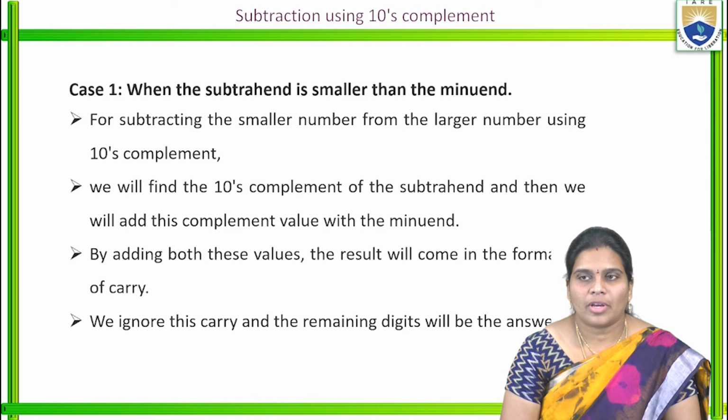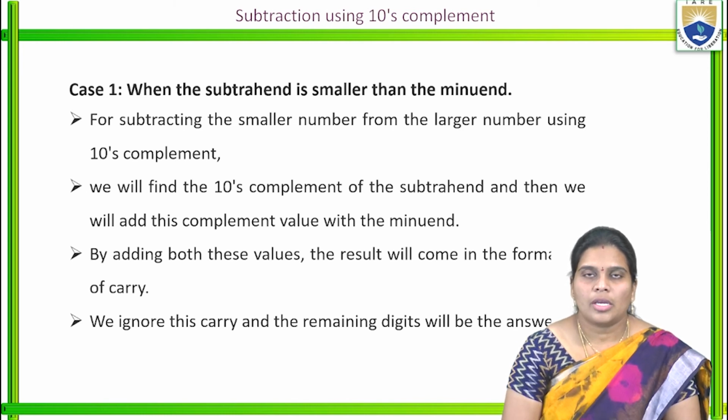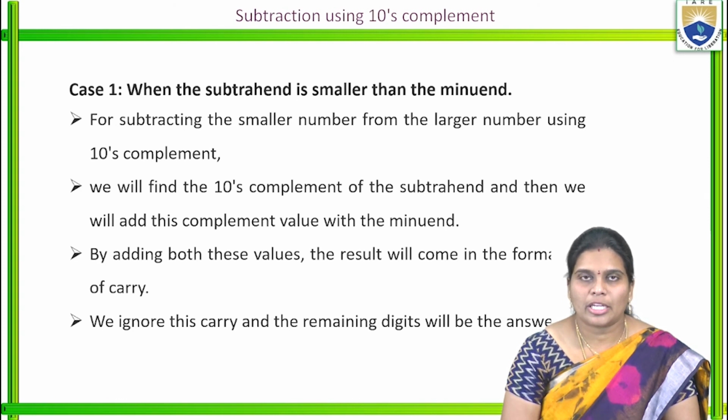In the result we get a carry, so ignore that carry and write the result. If we are not getting any carry, again we apply the 10's complement of that resultant value. Maximum, when we take the greater number minus smaller number, we get the carry. If that carry is there, ignore it.